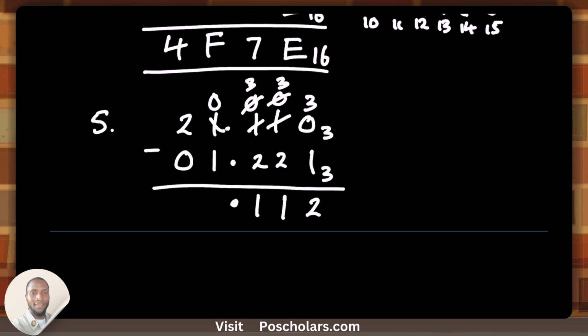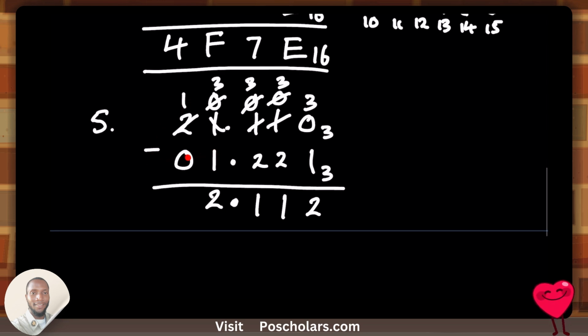Now moving on. 0 minus 1. Impossible. Borrow 1 from 2. This reduces to 1. Then the one you borrowed from this 2 takes the value of 3, which is added to 0. 3 plus 0 gives 3. Now you can subtract. 3 minus 1 gives 2. And 1 minus 0 gives 1, all in base 3.